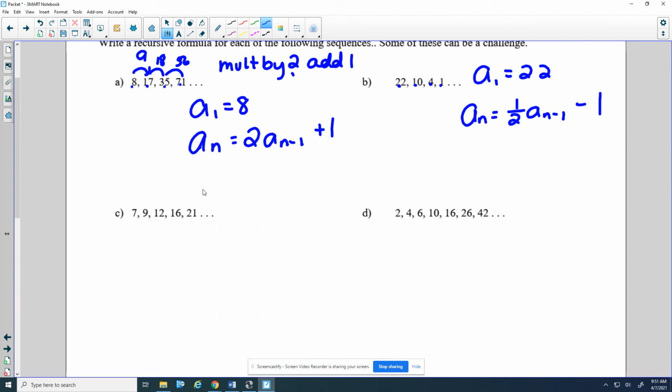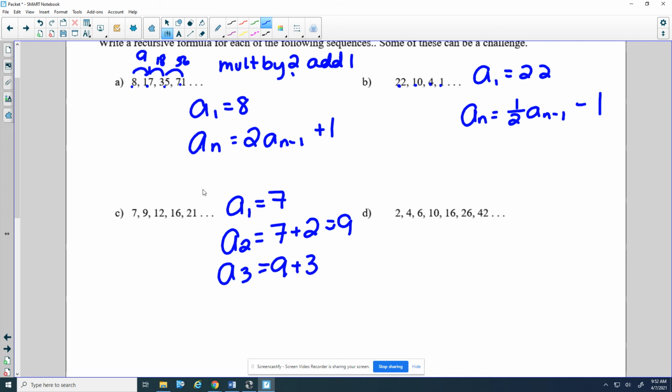So here, a sub 1 is 7. To get a sub 2, that's 7 plus 2 is 9. So I'm doing some baby steps here. To get to a sub 3, I'm taking 9 plus 3 is 12.